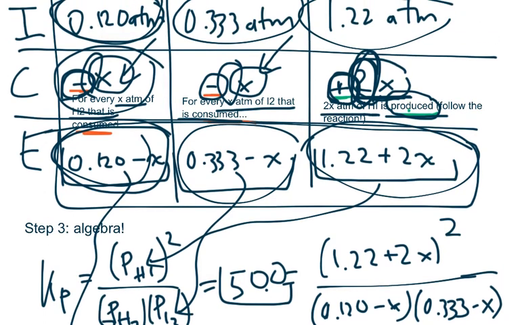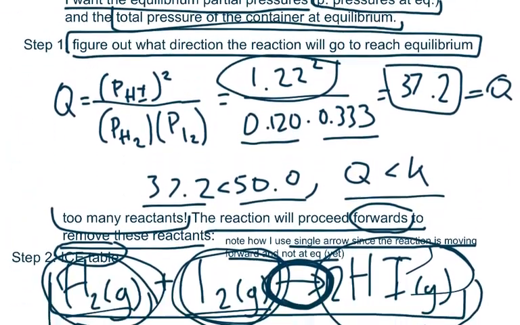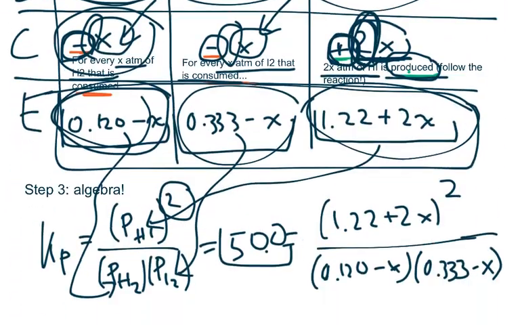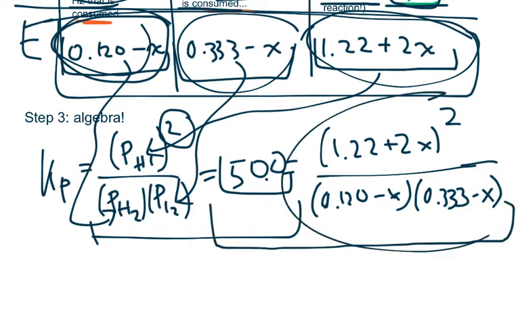And notice how I squared the partial pressure of HI because it has a coefficient of 2 in the reaction. Now we set these two equal and we could substitute values and we get that 50.0 is equal to all this stuff. So notice how there's one variable and one equation. We can solve for X using algebra.